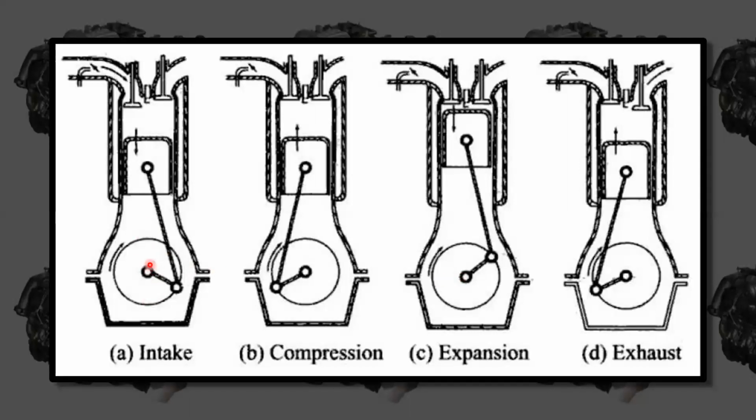For example, in the intake stroke, the crank is going to travel from this point to this point, which is 180 degrees. In the compression stroke, the crank is going to rotate from this point to this point, another 180. Again the crank is here, and one revolution of the crank is completed. In the intake stroke it is from here to here, half a revolution, and in the compression stroke from here to here, half a revolution.